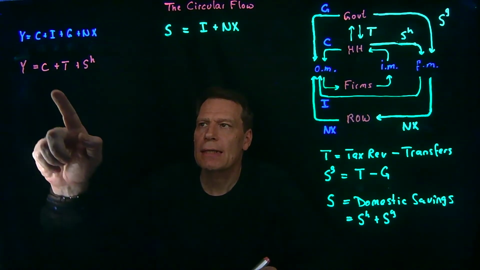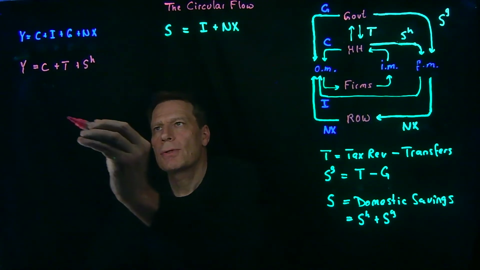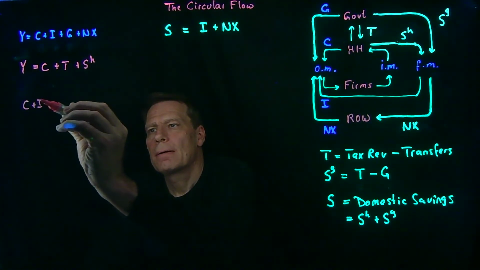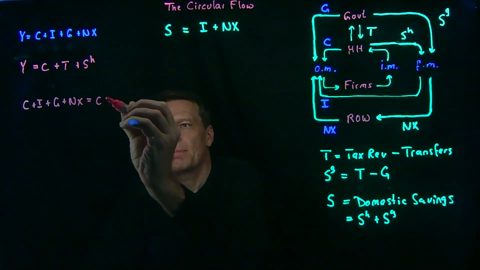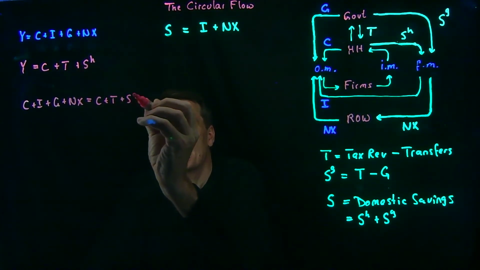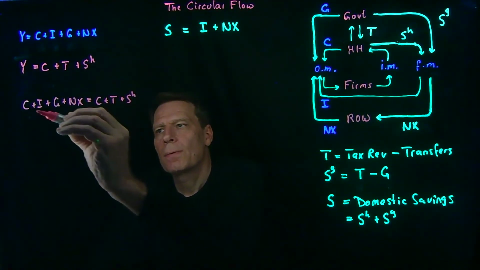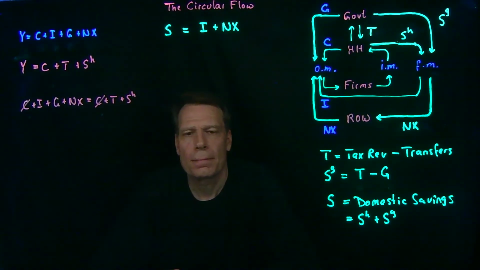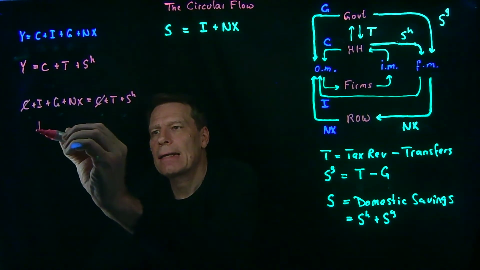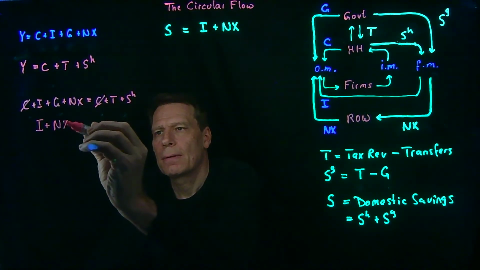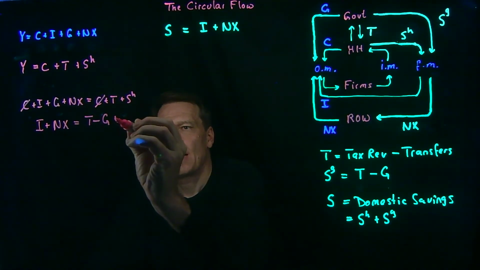But if we now have a second equation for GDP, we should be able to set these equal to each other. So that C plus I plus G plus NX should be equal to C plus T plus SH. Now we have C appearing on both sides. We can cancel the C. And now I'm just going to subtract G from both sides. So we're going to get I plus NX is equal to T minus G plus SH.